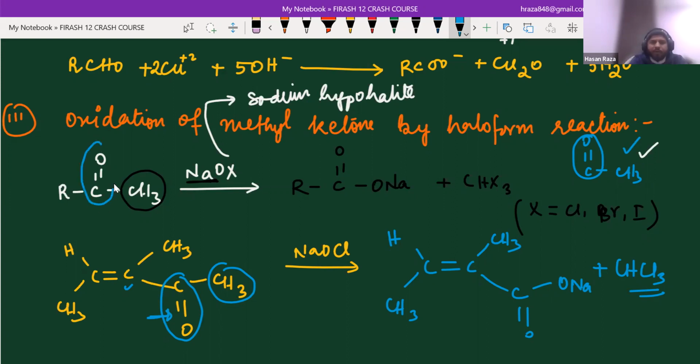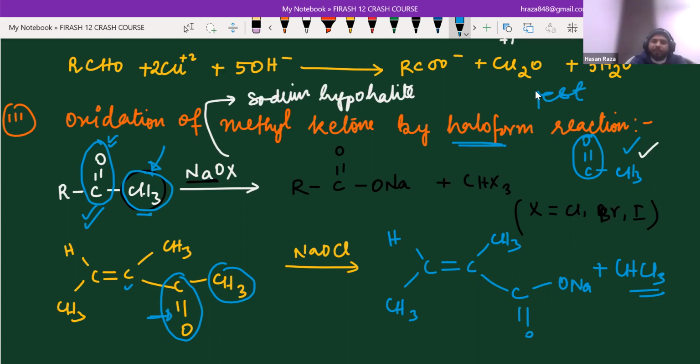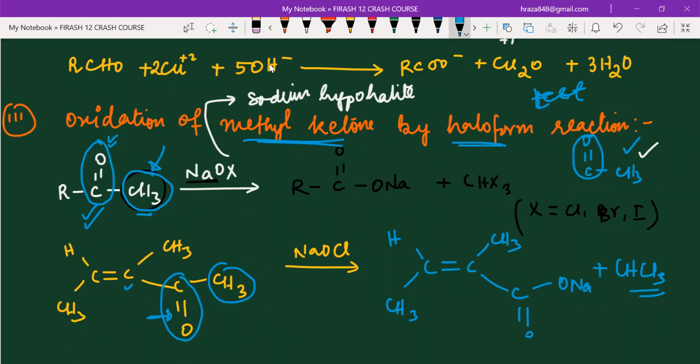You can see this is the ketone, and if exactly a CH3, not anything else, is attached adjacent to this ketone group, that will show the haloform reaction or haloform test. That is known as a methyl ketone. Got it? Please do write it.